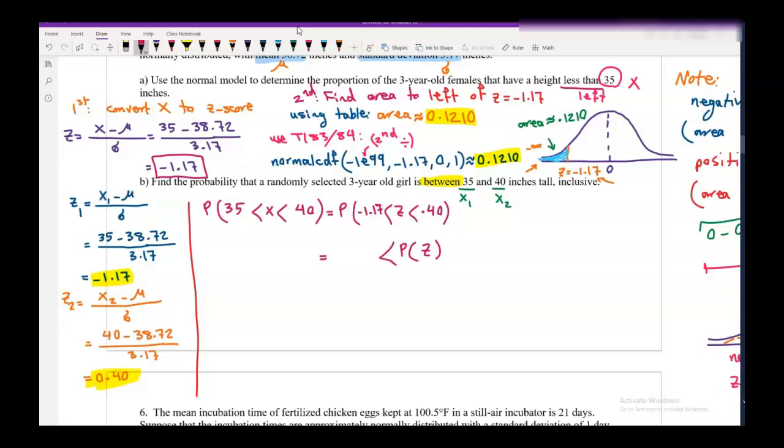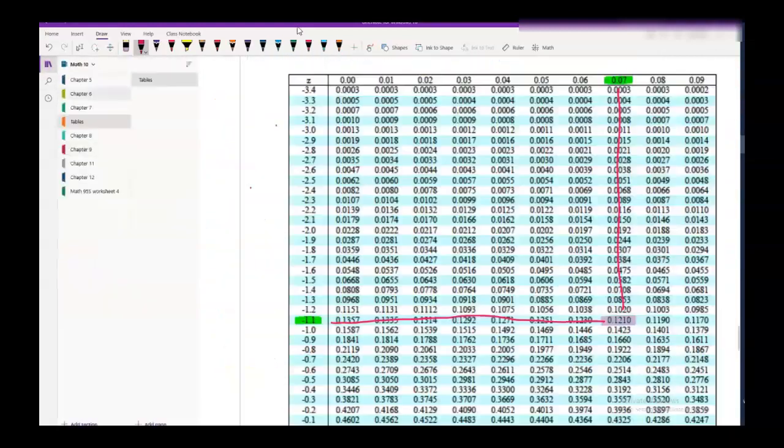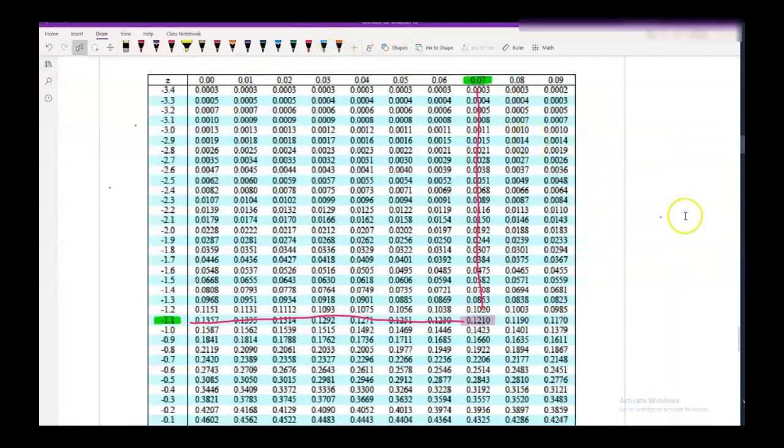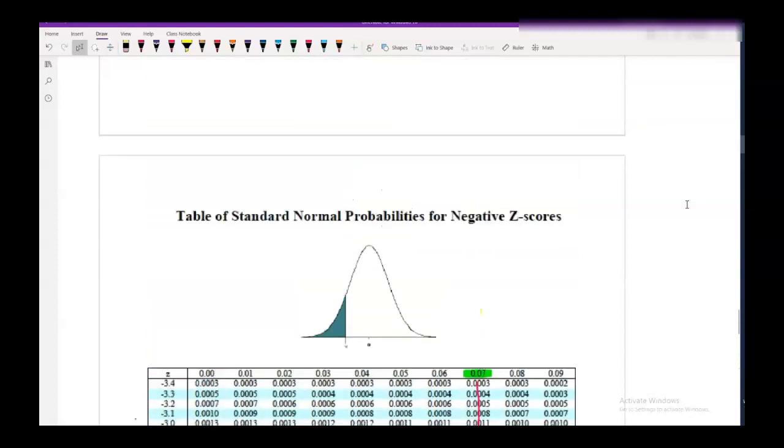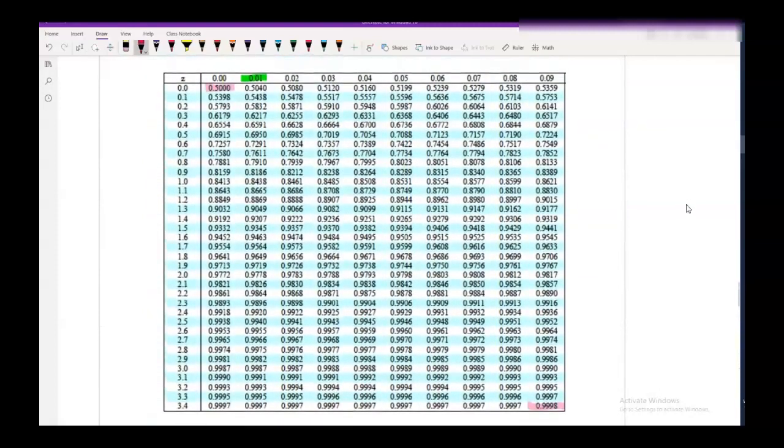Now the area is between. We already have the answer for the area when z is equal to negative 1.17 from part A, and that was 0.1210. So writing that here. Now use the table to find the area when z is equal to 0.40, and the answer for this one is 0.6554.